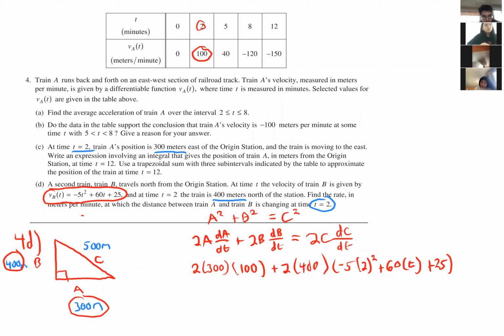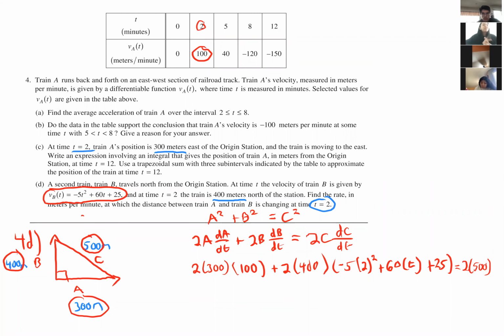This is going to equal 2 times c. We know c is 500. And then dc over dt. This would be where if train A is going this way, train B is going this way. C represents how far they are away from each other. Because train A is going east, train B is going north.